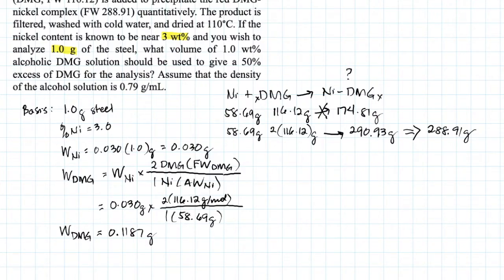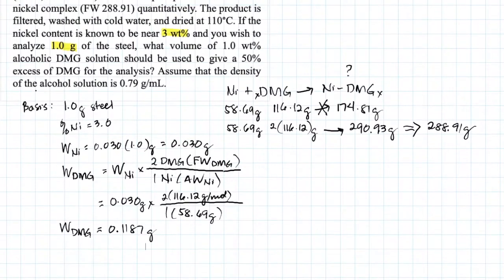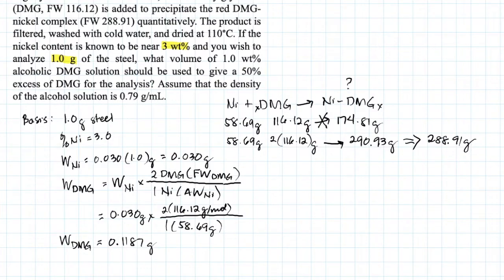We now need to calculate the weight of the DMG in solution. So the weight of the DMG solution can be determined using the percent by weight of the alcoholic DMG solution.